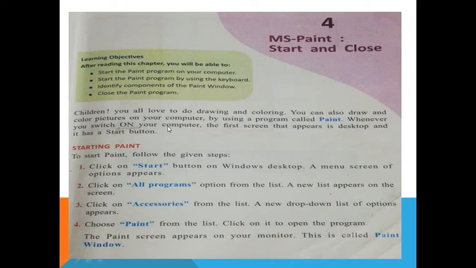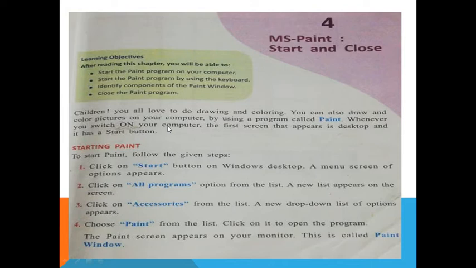To start Paint, follow the given steps. First, click on the Start button on the Windows desktop. A menu screen of options appears. Then second, click on All Programs from the list. A new list appears on the screen. Whenever you click the Start button, All Programs will appear.